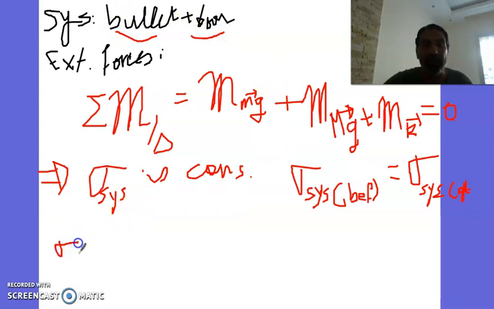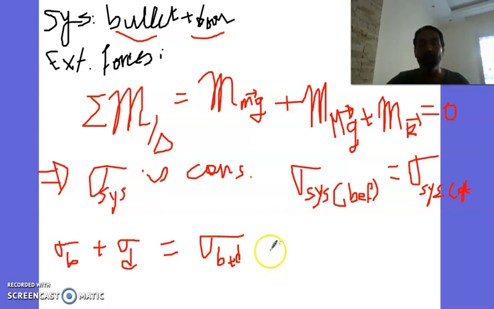So sigma of the bullet plus sigma of the door is equal to sigma of bullet plus door. You remember the rule of angular momentum, whether it is a particle or a rigid body: I theta prime.